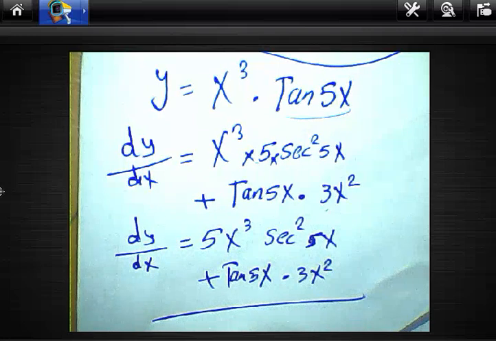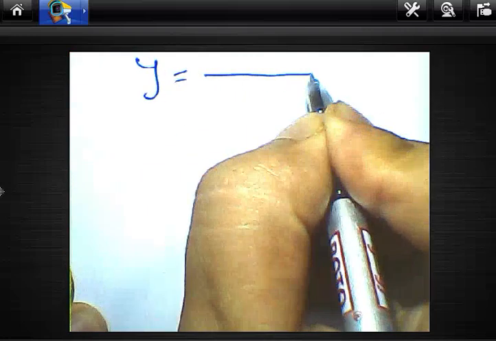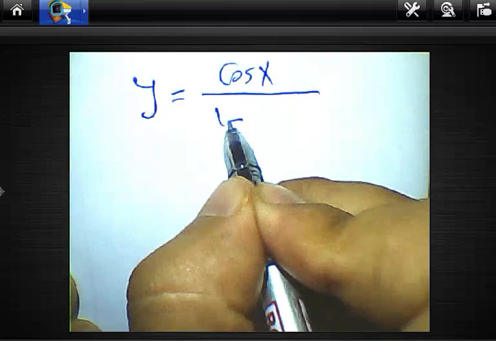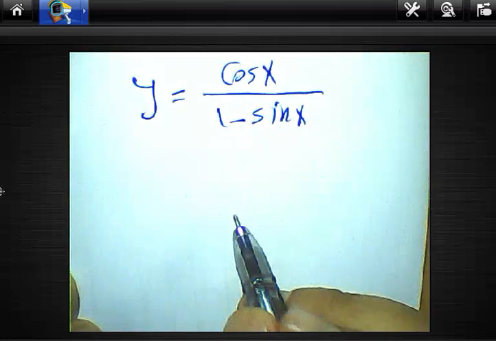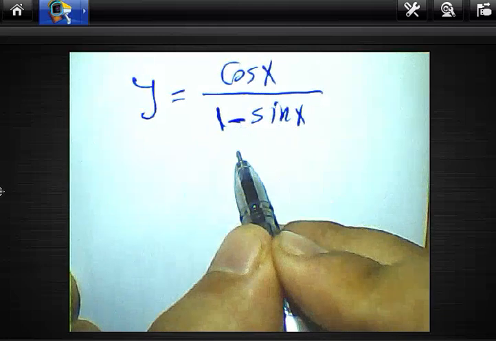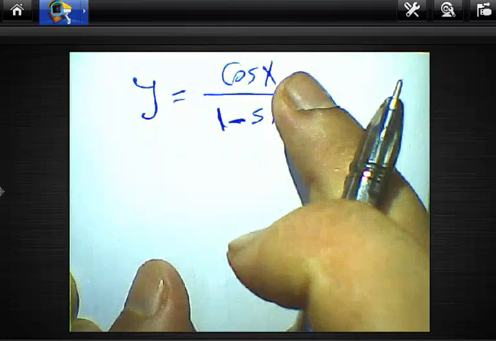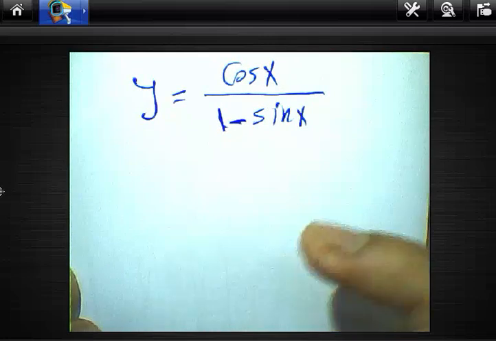We must know the rule y dash equal derivative of the first multiplied by the second plus derivative of the second multiplied by the first. Now we have the fraction y equal cosine x over 1 subtract sine x. We must know the rule for this function. We must write down power 2 in the denominator, derivative of up multiplied by down, subtract derivative of down multiplied by up.